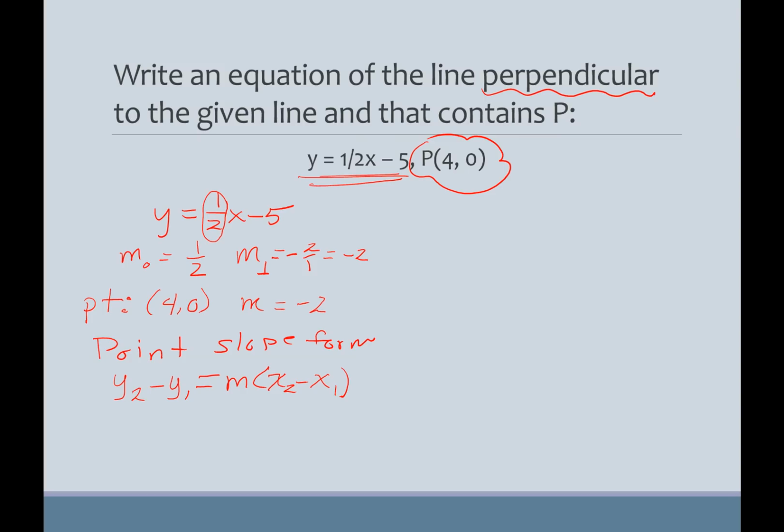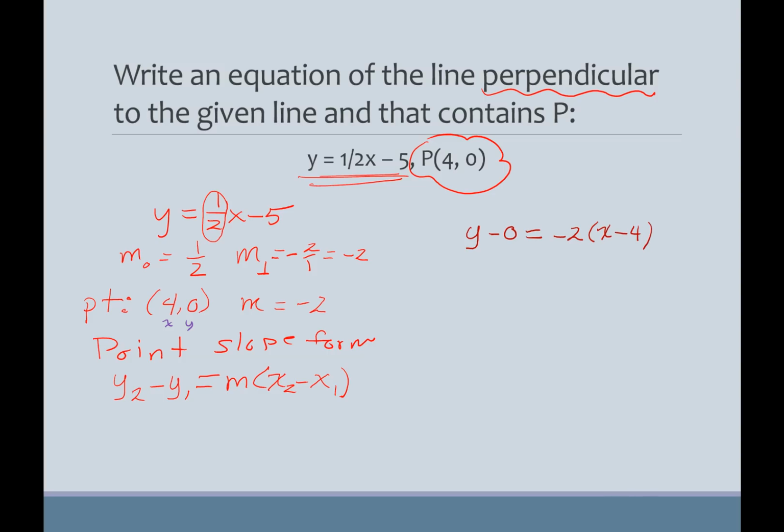Remember, in our point, the x is here, the y is here. Some of you are still getting that confused, and we shouldn't be in Algebra 1. So y minus 0 equals, my slope is -2, times x minus 4.